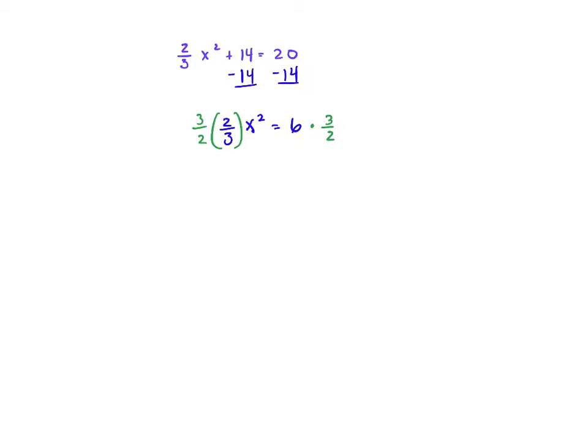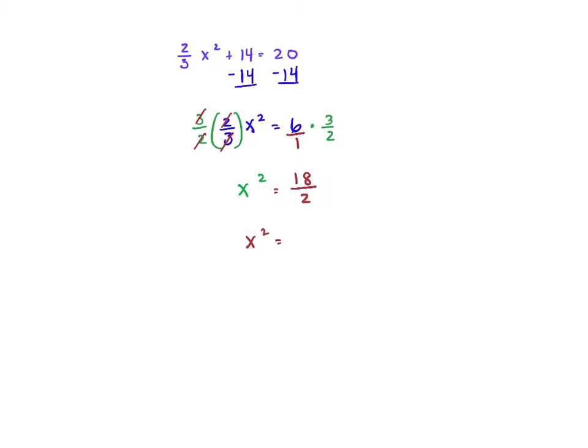Just undoing it using order of operations, because 3 times 2 on top is 6. 2 times 3 is 6, and 6 over 6 is 1. So that's just x squared at that point. You can also think of it as 3 over 3 is 1, and 2 over 2 is 1. On the right-hand side now, think of this as 6 over 1, so I can multiply the fractions. 18 over 2.